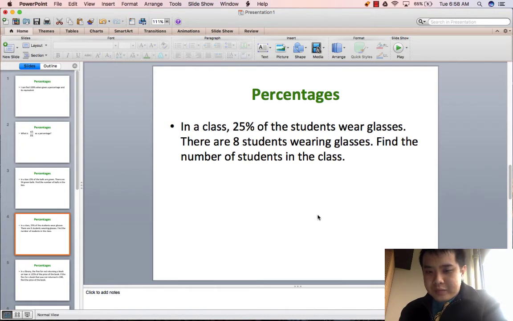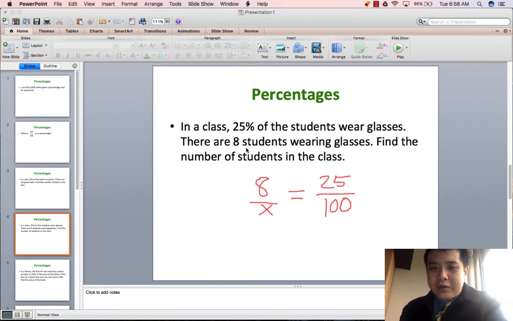So we're going to set this up again as 8 over, we don't know how many students there are in total, equals 25 over 100.